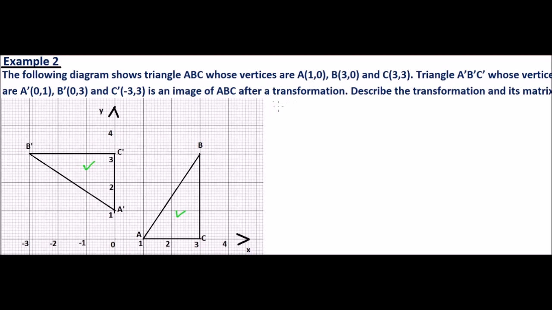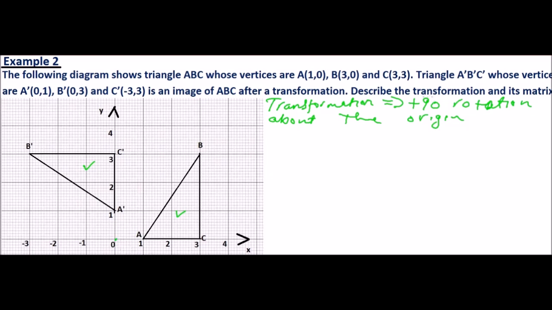So the transformation is a positive 90 degree rotation about the origin, in which we are saying this is our origin at point 0, 0.